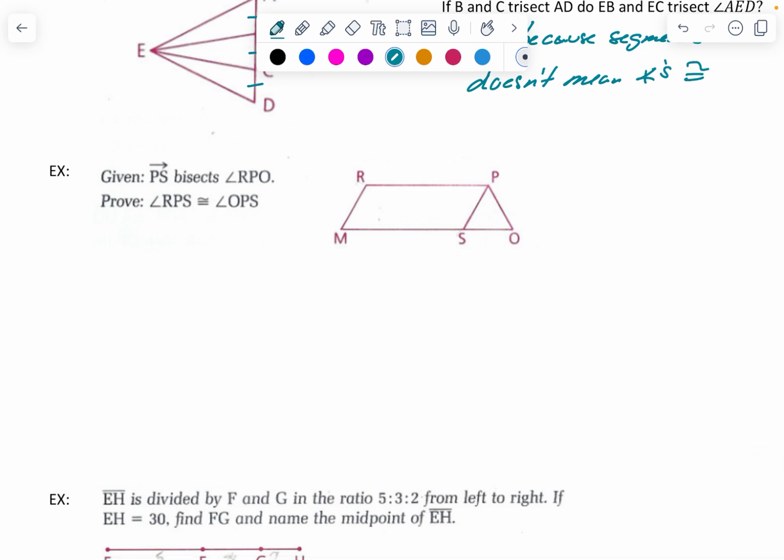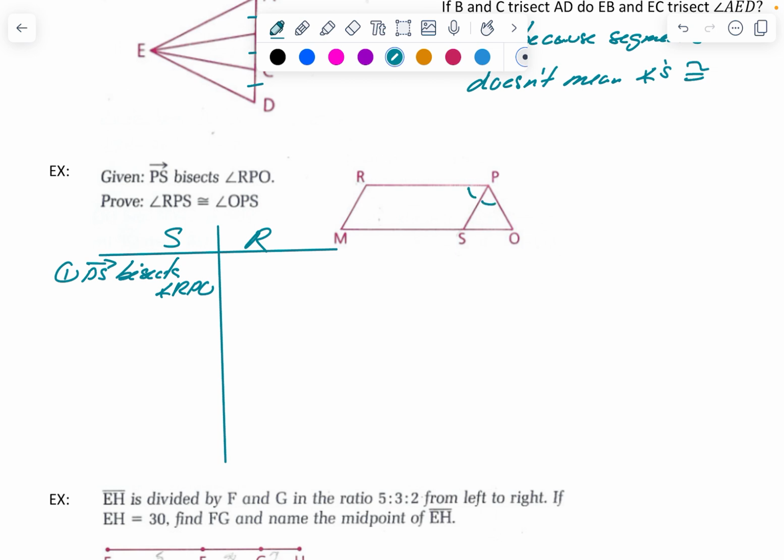All right, so let's see how this might look in some proofs here. So let's make our chart here. Statements and reasons. So given PS bisects angle RPO. So if PS bisects RPO, it's going to create those 2 congruent angles, right? And we know that from the definition of angle bisector, right? That's what we were told.